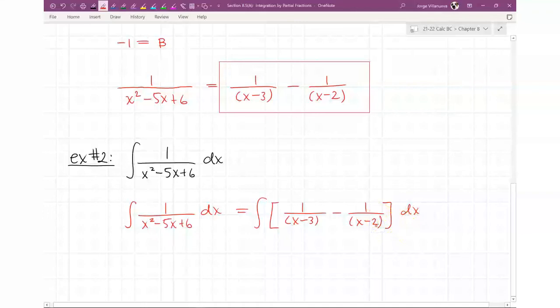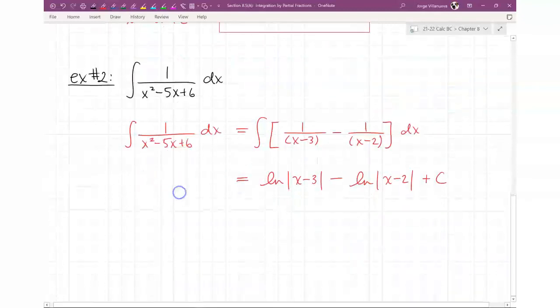Now you guys know that becomes natural logs, right? Anytime you have 1 over x or even 1 over x plus 2, 1 over x minus 3, these become natural logs by u substitution. Let me show you the answer and then I'll show you how it gets done. So the integral of 1 over x minus 3 is ln of the absolute value of x minus 3 minus ln of the absolute value of x minus 2 plus c.